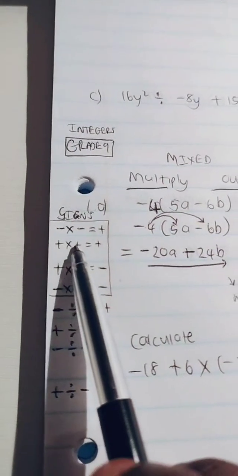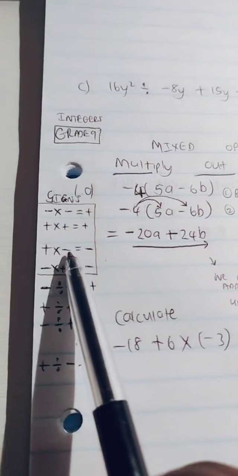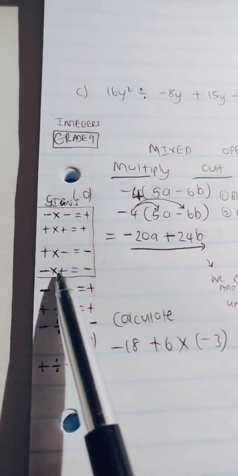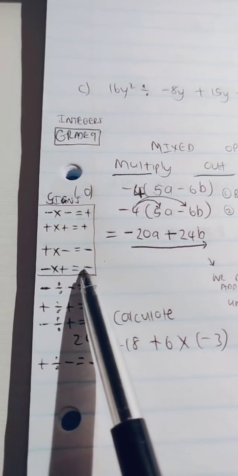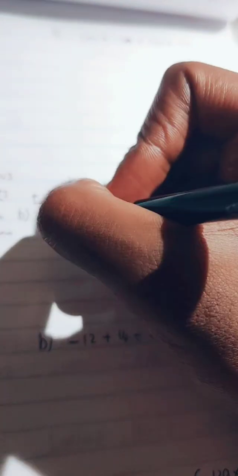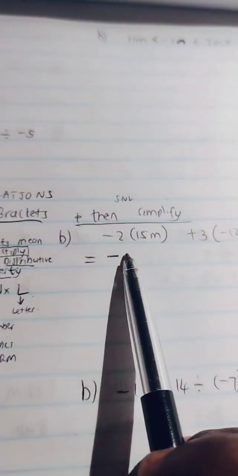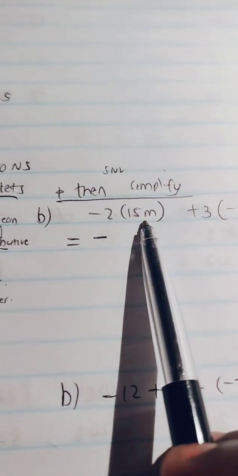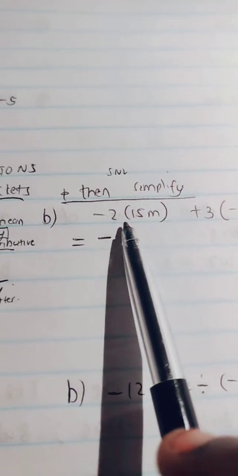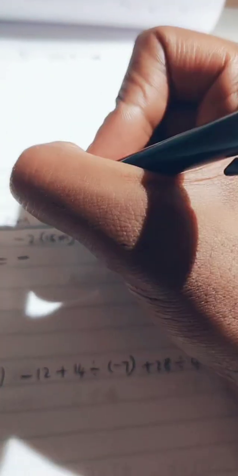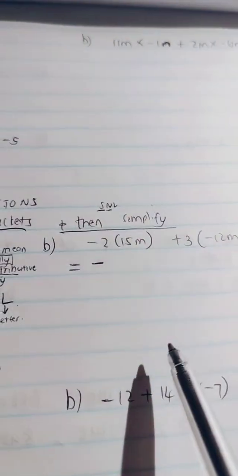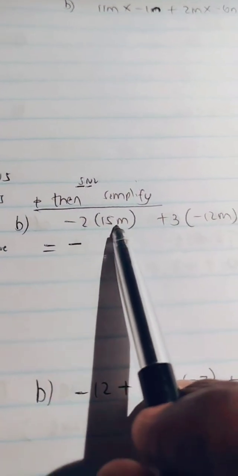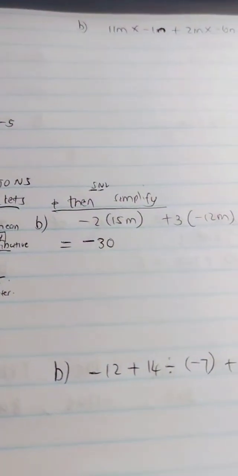What is a negative times a positive? Let's go to our sign multiplication table. A negative times a positive gives us a negative. Okay, this is grade 9 integers. Then after taking care of the sign, we move on to the number. What's 2 times 15? 2 times 15 is 30.